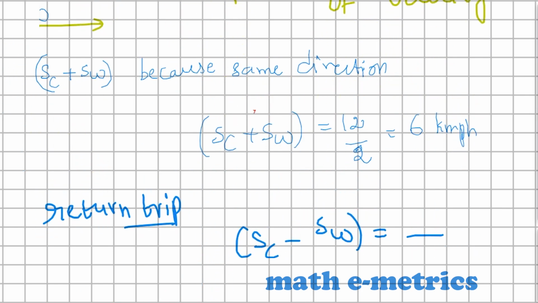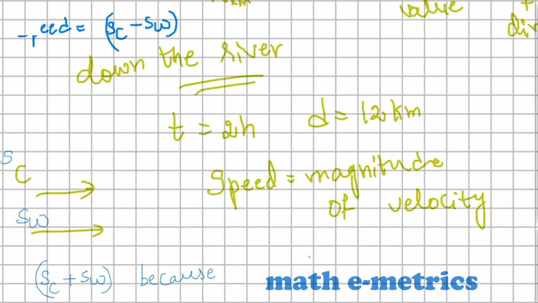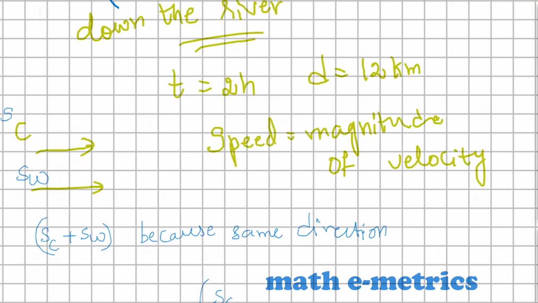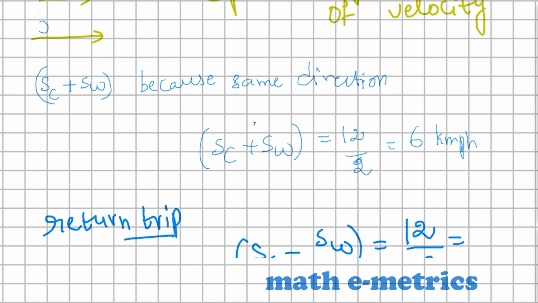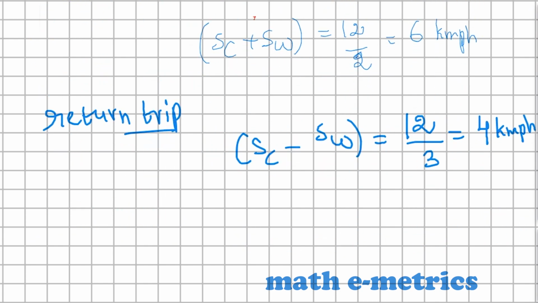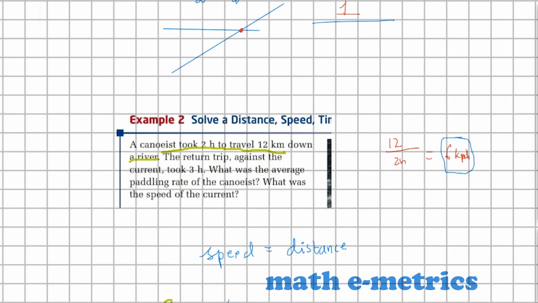Distance was 12, time was 3 hours, so 4 kilometers per hour. Now what is the question actually? It's asking what SW equals and what SC equals.